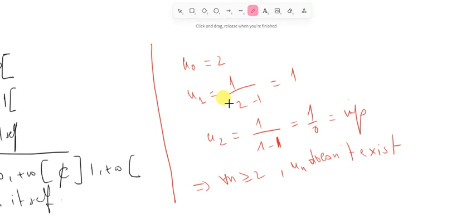Okay? So this is the problem of the first term being in an interval that is not mapped to itself. So we can conclude that because u0 belongs to 1 plus infinity, and 1 plus infinity is not mapped to itself, that's why we find this result.